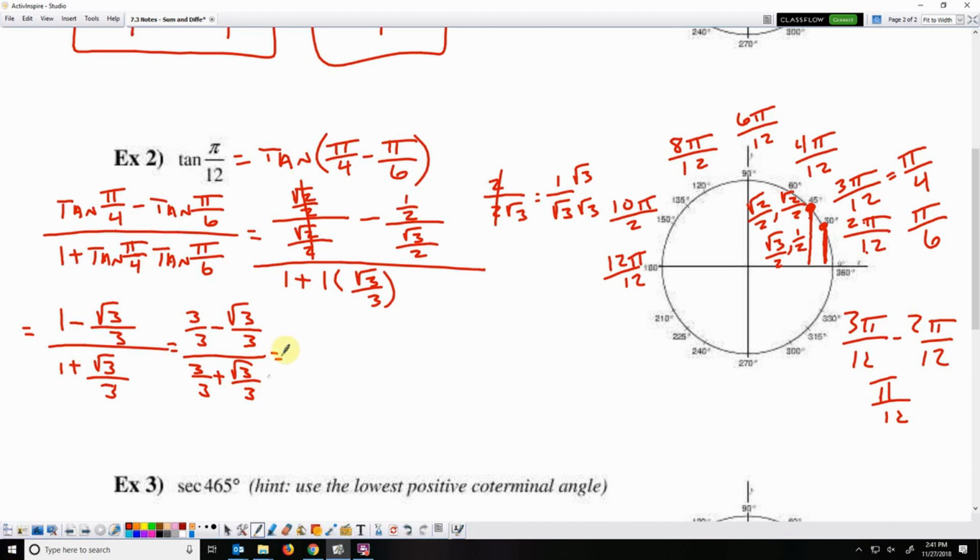So now I can simplify that to 3 minus root 3 all over 3, and 3 plus root 3 all over 3.